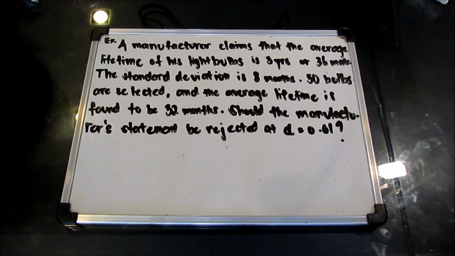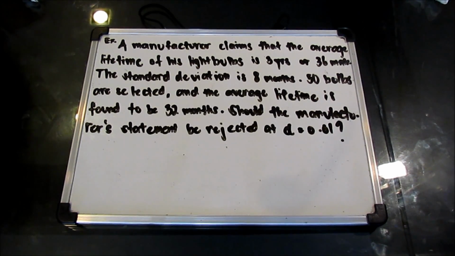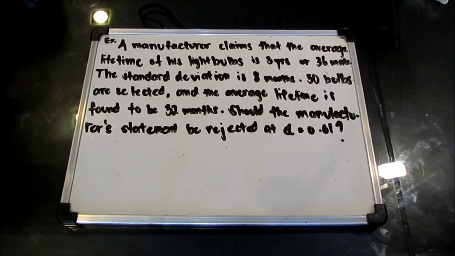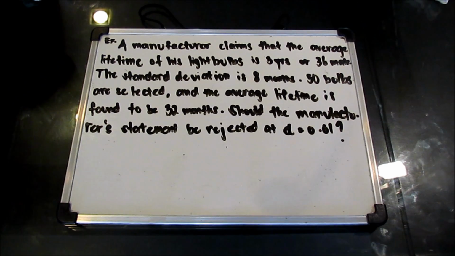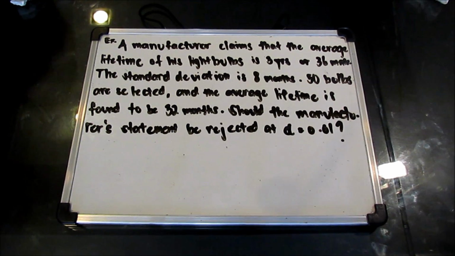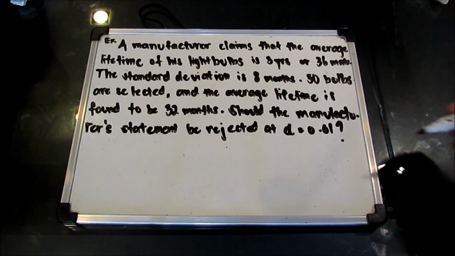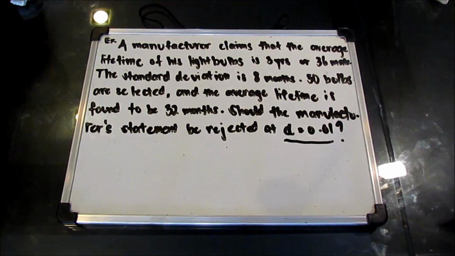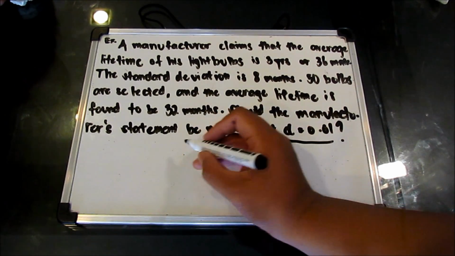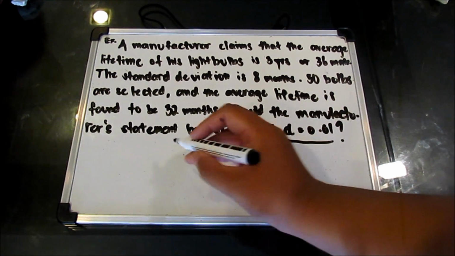So now we're in step 2. For step 2, we determine the level of significance. Usually, you can find the level of significance in the problem itself. So here in our problem, the level of significance is 0.01. The symbol for the level of significance is alpha, which is this symbol right here.